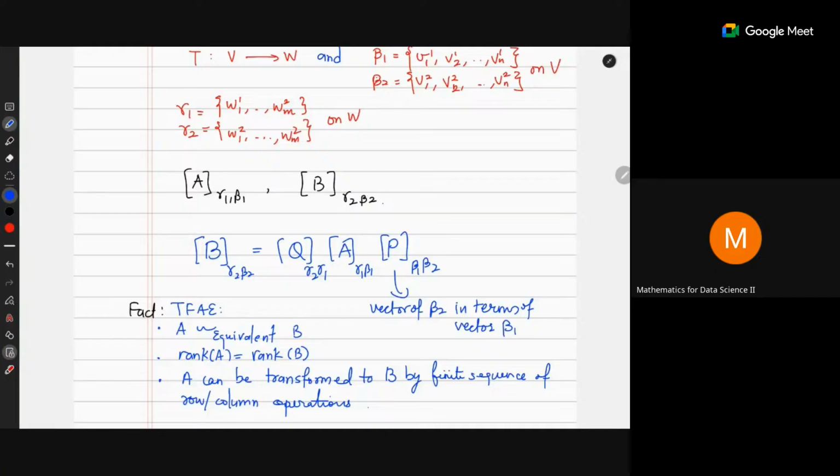Transformation is only applied in the other case because you are changing the space as well, because gamma 1 is in W, and beta 1 is in V.